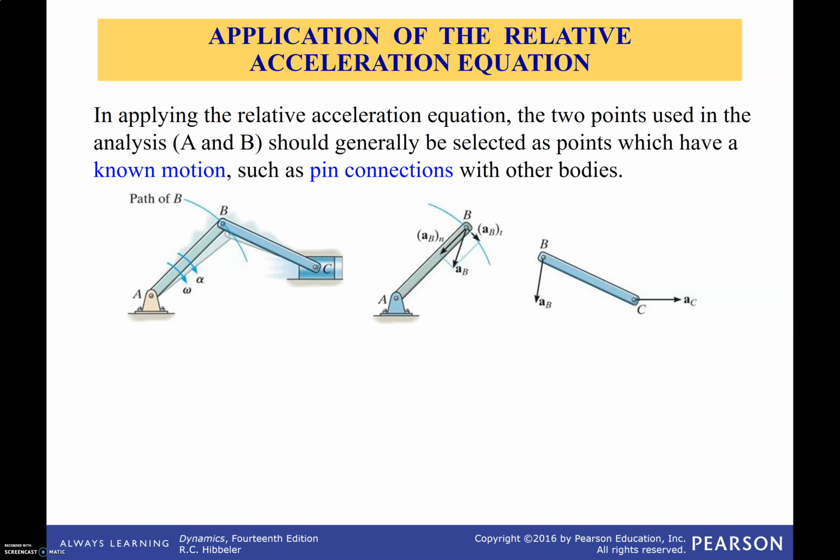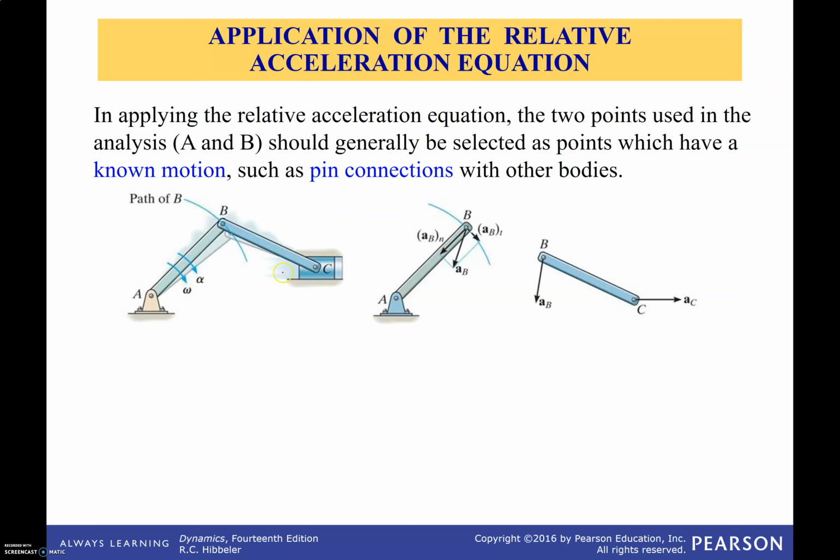So now let's look at some important tips to solve this. Typically you're going to have problems like this where you have links and things that move like that. So how do you choose your A, your B, and your C? Sometimes the problem will give you hints, but typically you want to look at the points where you know how the motion is going to be. For instance, here we know that AB is doing a pure rotation, so B is going to have a rotational motion.